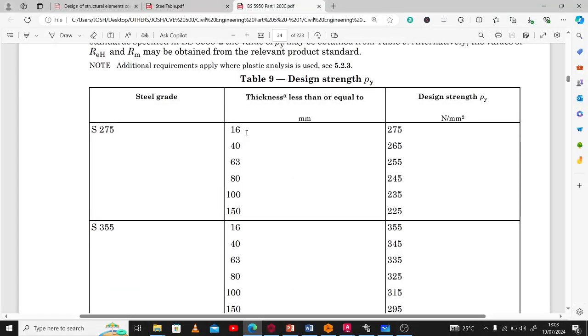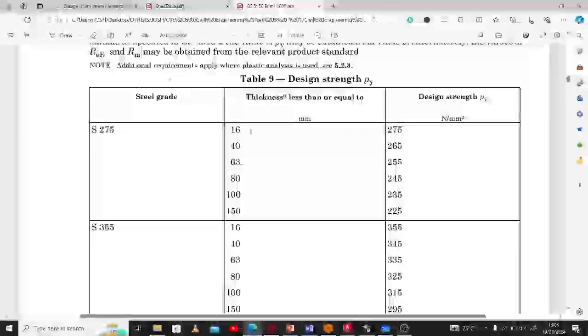It is less than 16, therefore it falls under 275. For every thickness T greater than 16 but less than 40 it falls under 265, greater than 40 and less than 63 falls under 255, and it goes on like that. So less than or equal to 16 is equal to 275. Okay, so steel grade remains 275, and I hope you understand what I've just said to you.